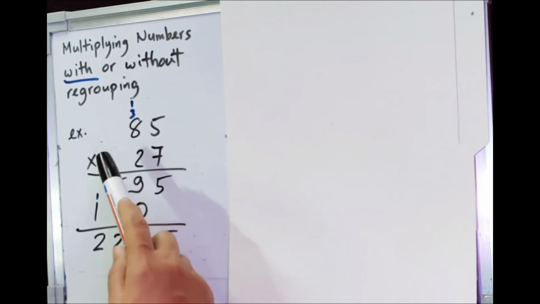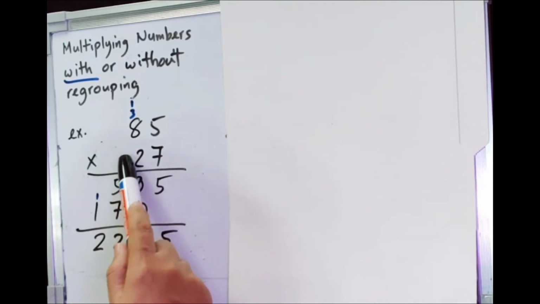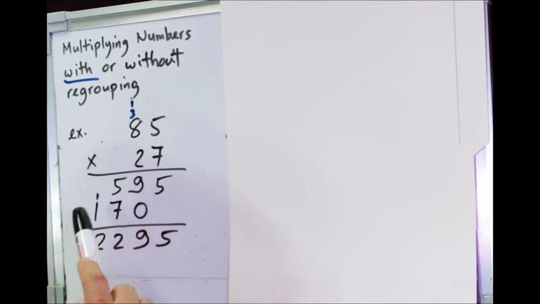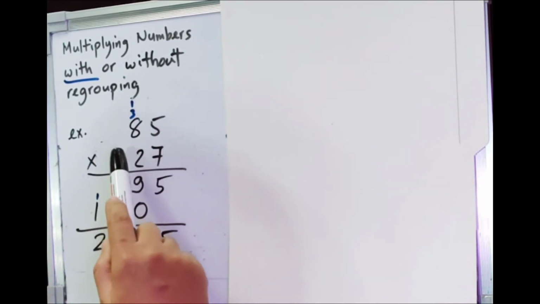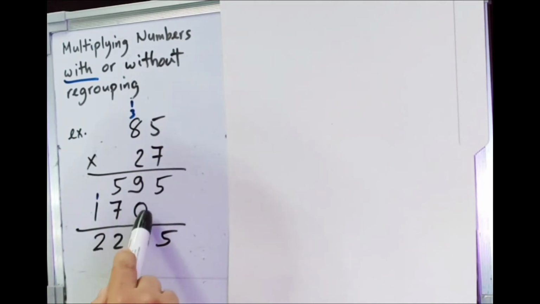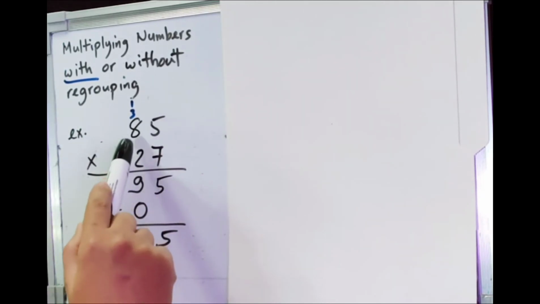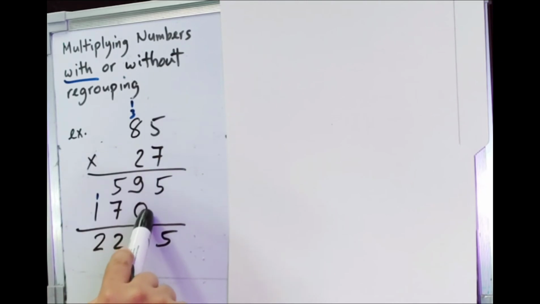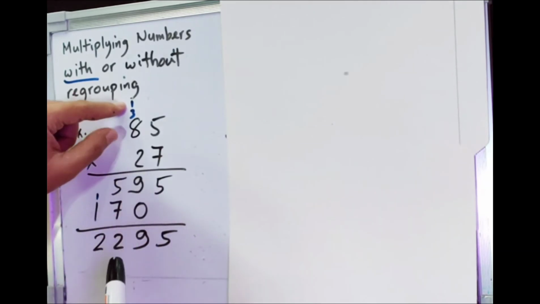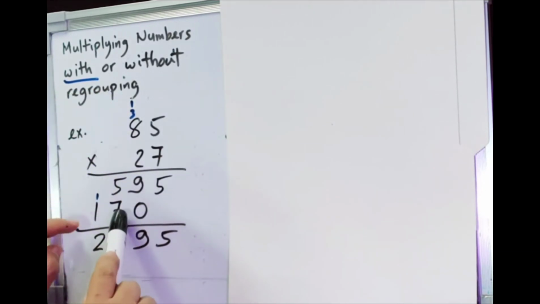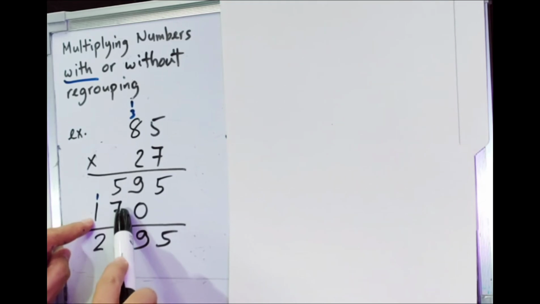Secondly, we multiply now the tens digit 2 of the multiplier by each digit of the multiplicand. So 2 times 5, so 10, and we put 0 below the tens place, and we carry over 1. 2 times 8, that's 16, plus 1, so we put 17.